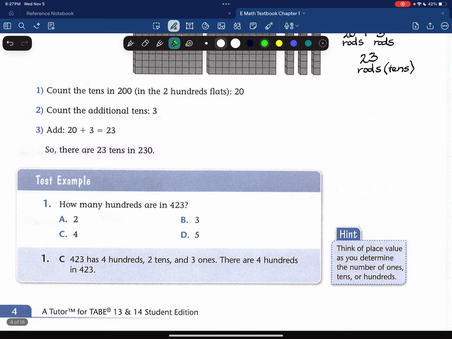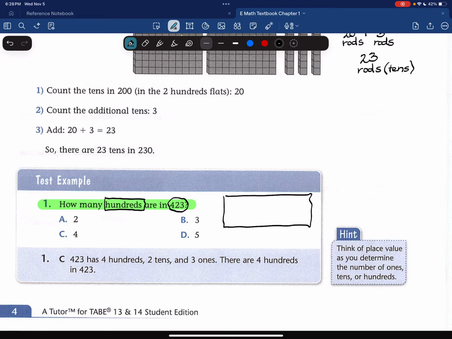Here's a test question. How many hundreds are in 423? So let's circle the number and put a box around the important word. Again, a place value chart will help you if you want to use that.